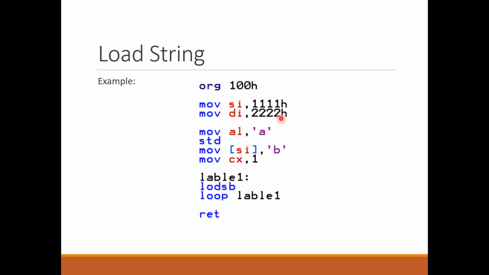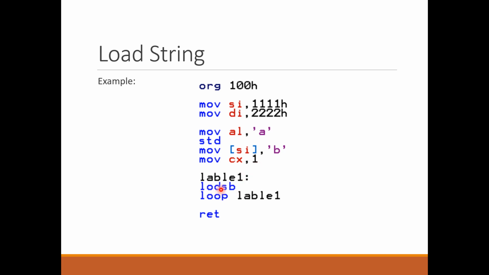Let's see this example. Move this value to here, and you are saying move AL, A. This A is going to be stored inside AL, but we are saying move SI, B, and this data is going to be stored in this memory location whose offset is specified by the source index, and we say the loop is going to be repeated only one time.